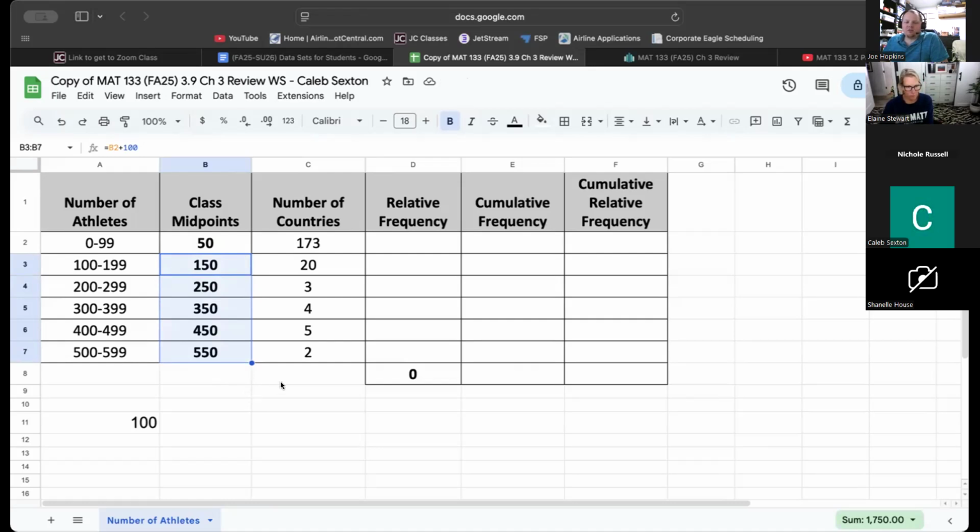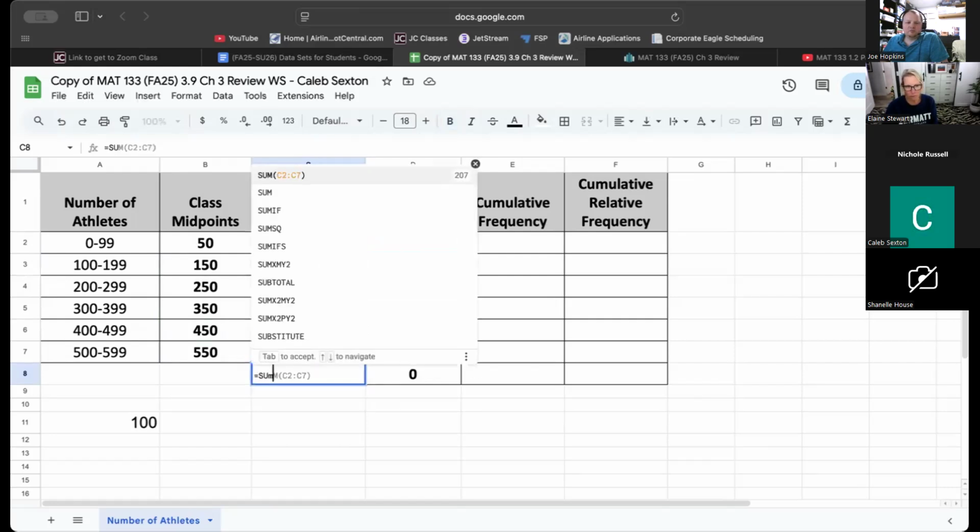Next, we're going to do the relative frequency. The relative frequency is the frequency divided by the total. So we need to find the total first. You can calculate the total first.